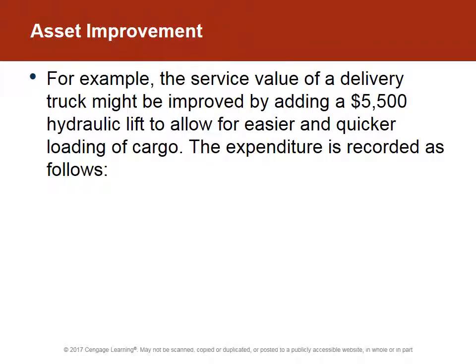But if they add a hydraulic lift, it might be recorded this way to increase the delivery truck's cost and showing the cash output. And then, of course, this delivery truck's depreciation expense is going to be changed or modified because we now have another $5,500 to record over its estimated useful life.